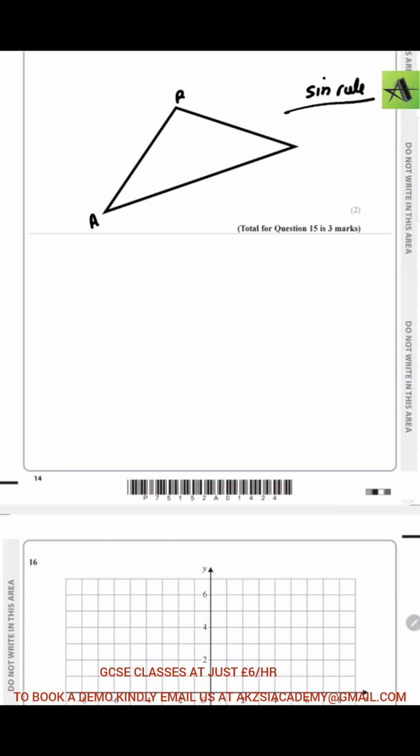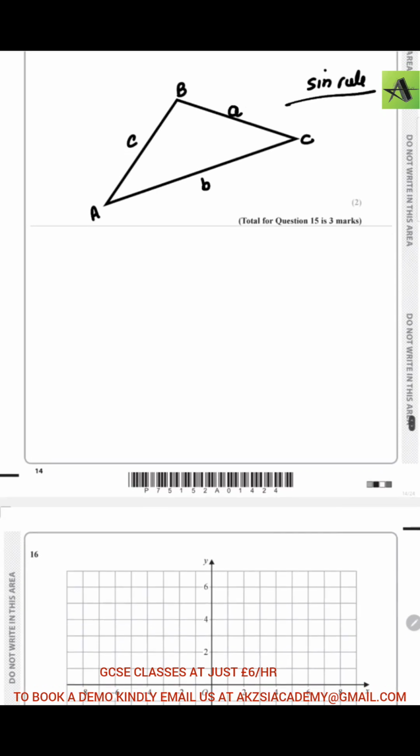So this is angles A, B, C, and this is side B, this is side C, this is side A. Always remember, sine of angle A over A, that is side A, equals sine of angle B over B. Now I'm moving on to the next angle, sine of angle B over opposite side.